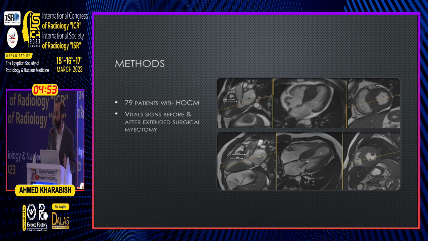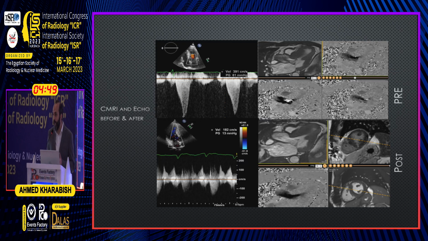All the patients had vital signs, MRI, and echo on the same day before the surgery and after the surgery. We also successfully recruited 15 HCM cases who did not show any obstruction in the LVOT in order to compare the parameters before and after myectomy to this group of patients, and how significantly they would change.